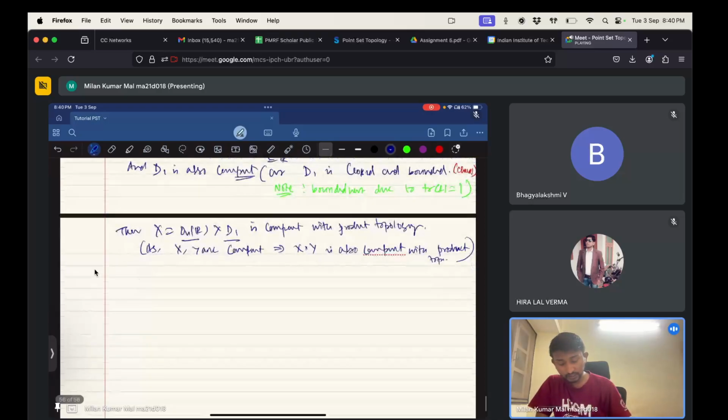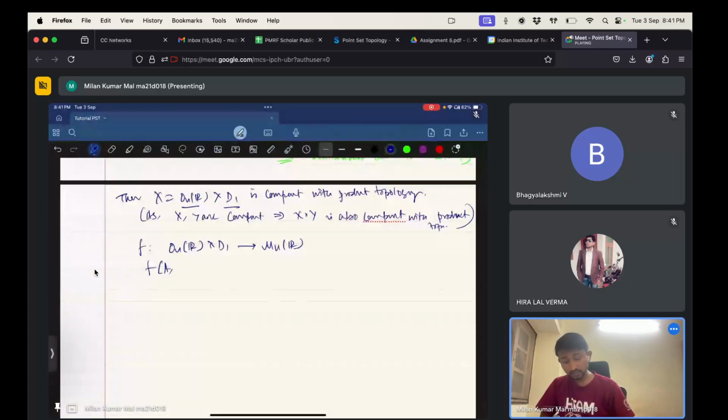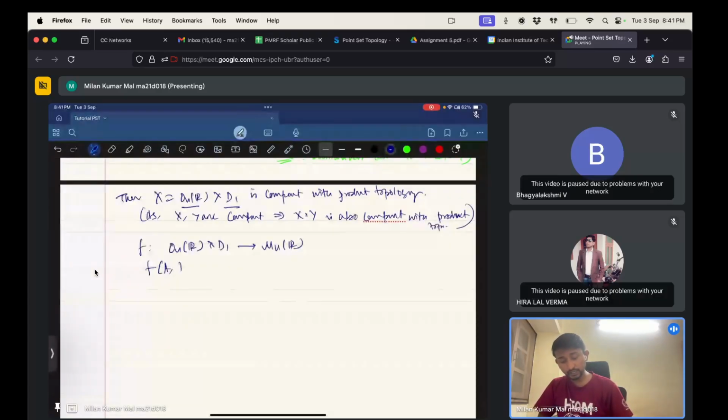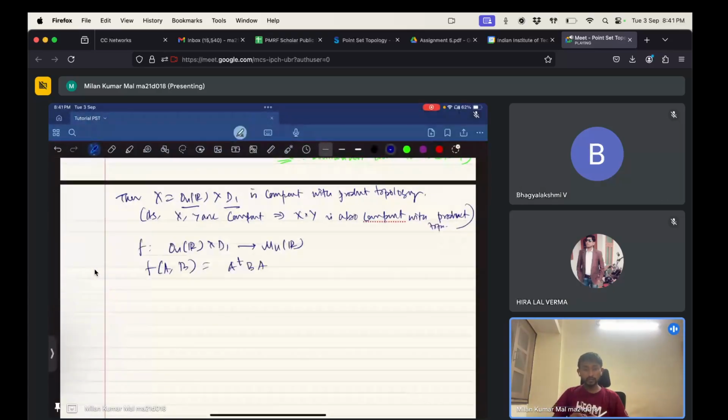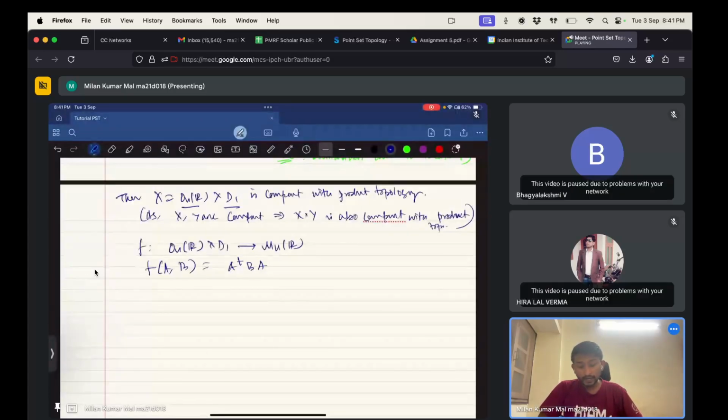Now consider a function f from O(n) cross D1 to M(n, R). How will I define this function? f of (A, B) is equal to A transpose B A. Note that B is coming from D1, which means B is a diagonal matrix with trace 1, and A is coming from O(n), which means A is an orthogonal matrix.